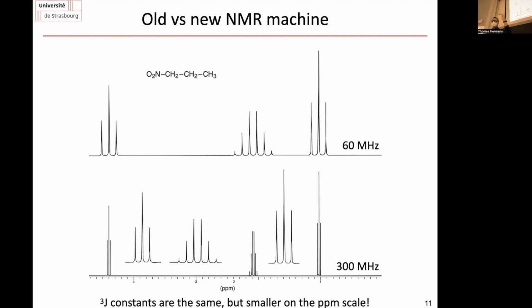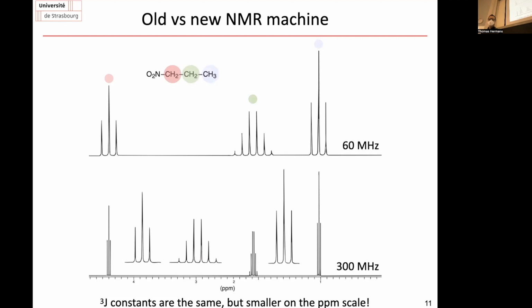So a stronger NMR with a higher magnetic field, higher precession frequency, will give you more resolution. It's easier to resolve each signal, and then you can zoom in the software to look at the shape of each of these things. In this class, I will mostly show you 60 megahertz spectra, not because they're old, but because it's easier to resolve them.